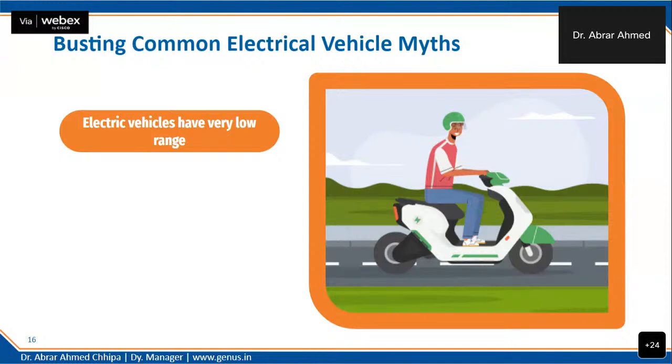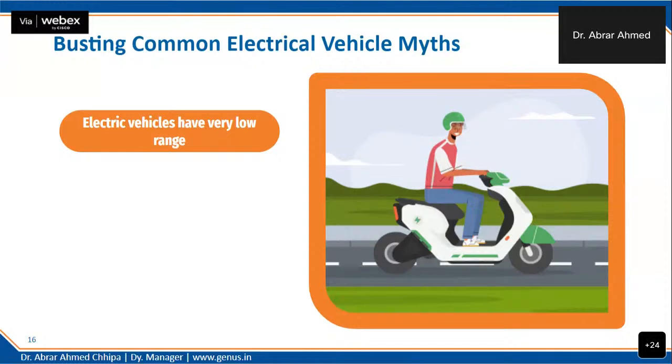They are offering two models, one with a range of about 400 kilometers, and the other about 600 kilometers. So the electric vehicles currently available can easily accommodate the average daily mileage of Indian drivers.